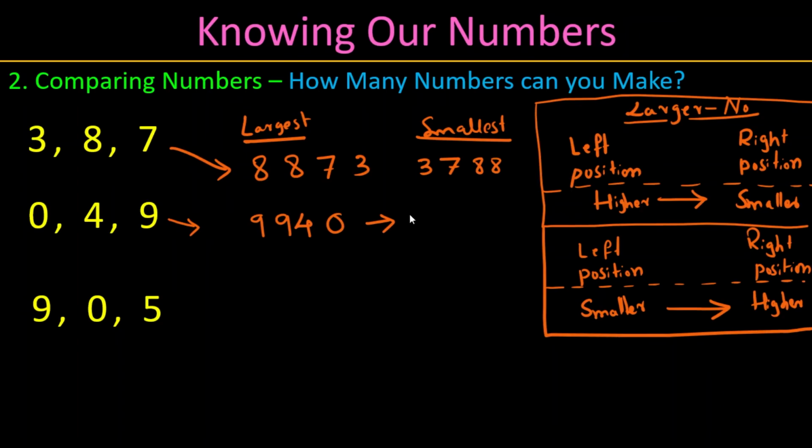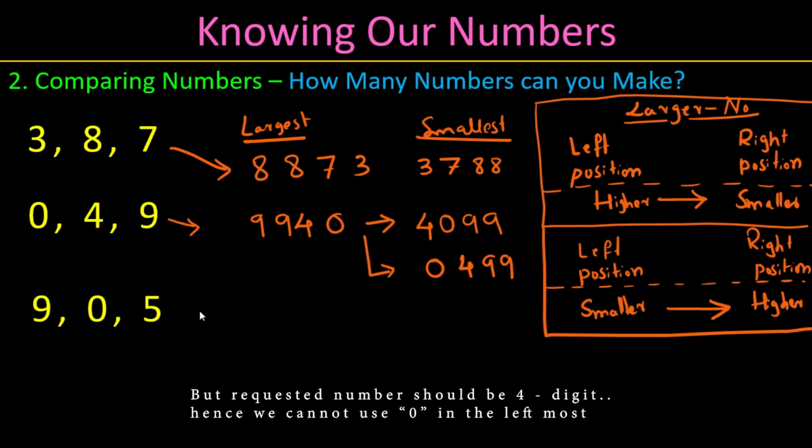If the condition is don't use 0 as the leftmost position, what will be the smallest number? Immediately next smallest is 4, then 0, 9, 9. If 0 can be used, then the least number is 0, then 4, 9, 9. This is the least number.